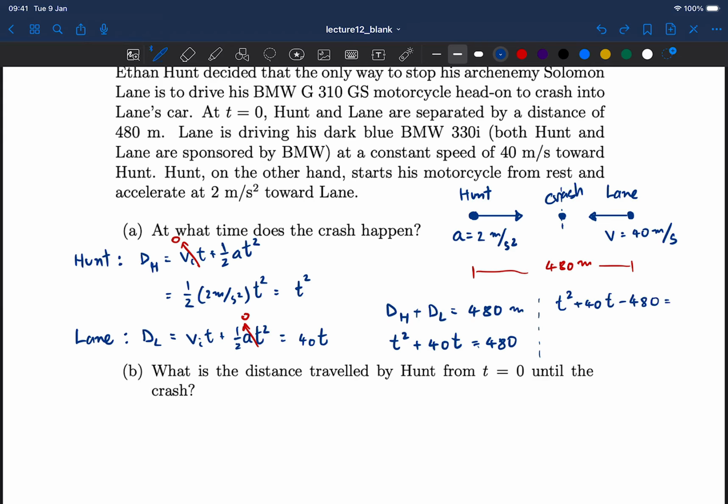And then you use the formula in the formula sheet, right? There's the quadratic equation, how to solve. Then divide by 2. Okay, then calculate this.